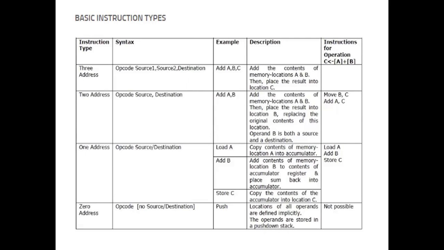Third example, we get input from an input device. The data is directly moved to the register. So the three examples tell us the final value is moved to the register.